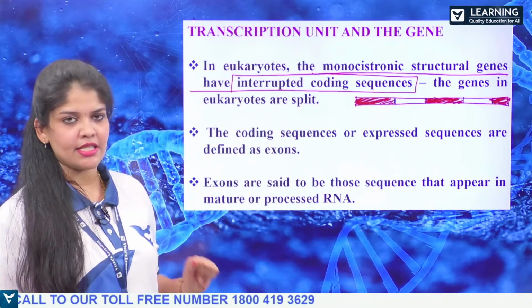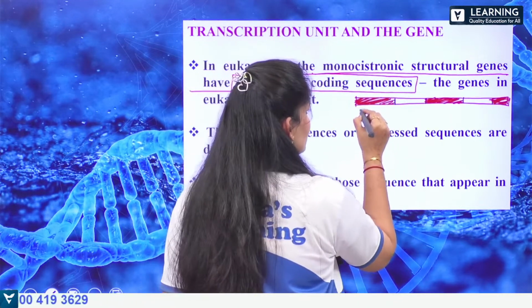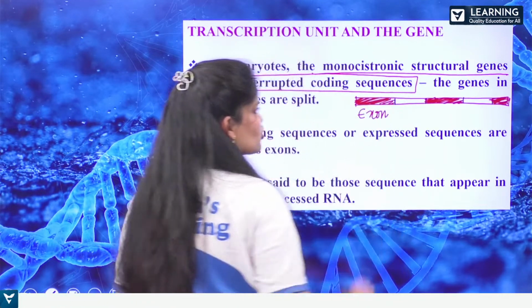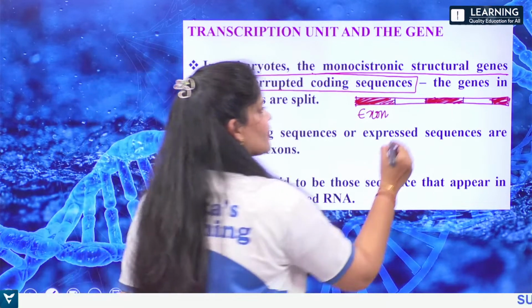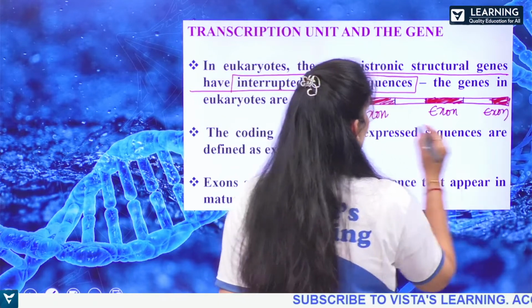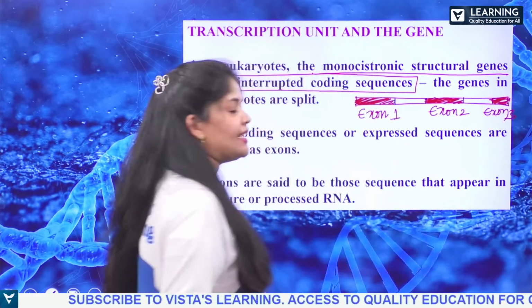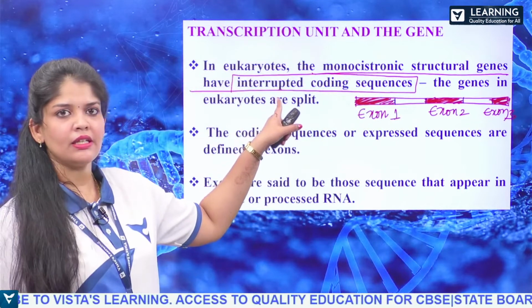Here in the representation, if you consider this field as an exon, this exon is a coding sequence. We have again exon and exon. So 1, 2, 3. It is interrupted in between.